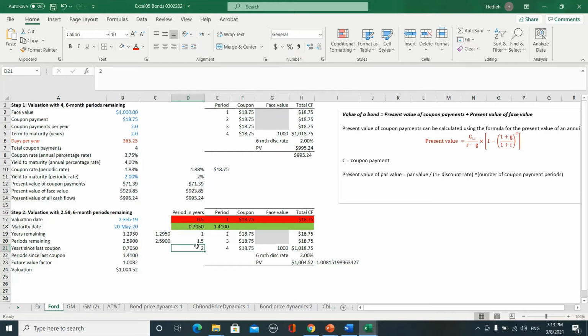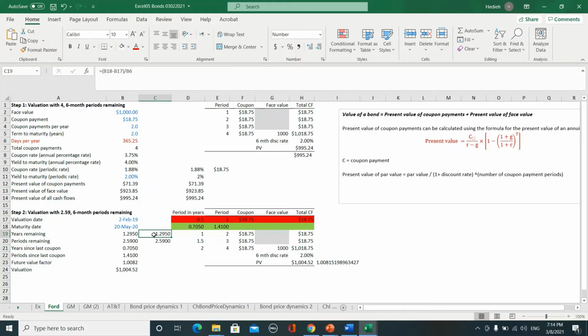But now you are told that the number of periods you have till your maturity is 2.59 6-month periods, or 1.295 years, okay? So you want to understand which point in time you are in from time 0, from the issuance of this bond, okay?